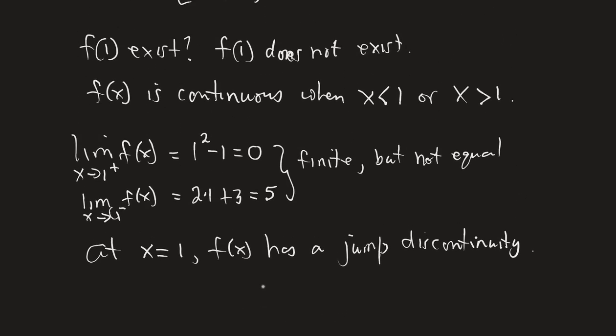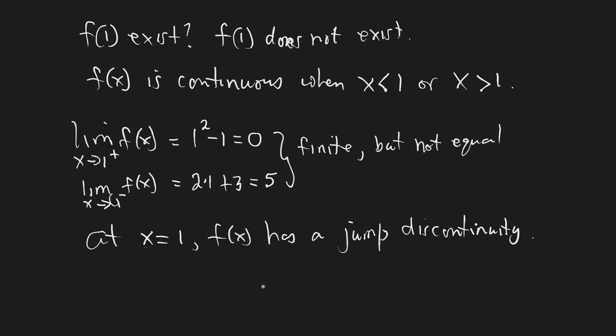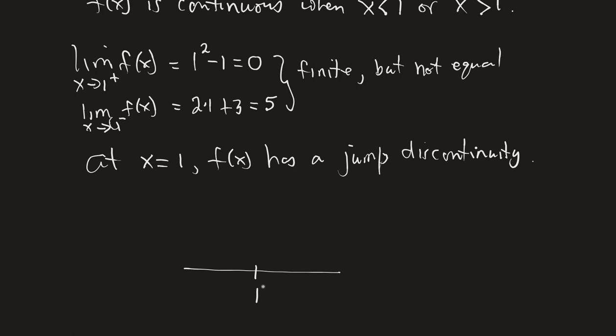So when x is less than 1, it will be the linear function. So it's going to look something like this, and then it's going to approach the 5.